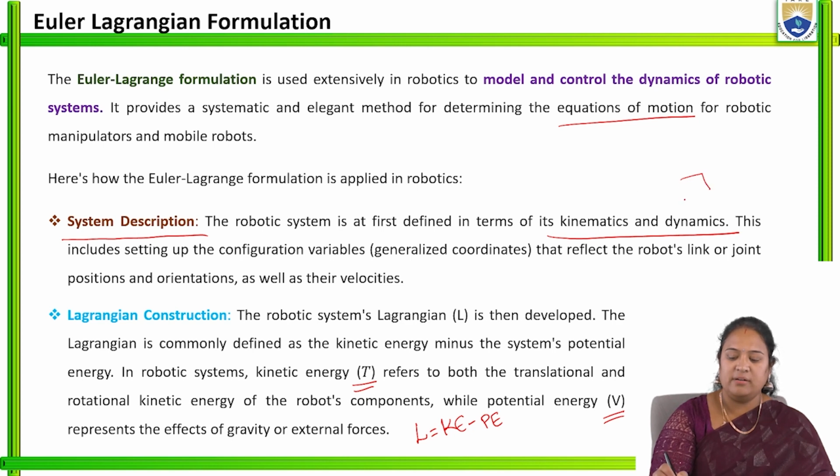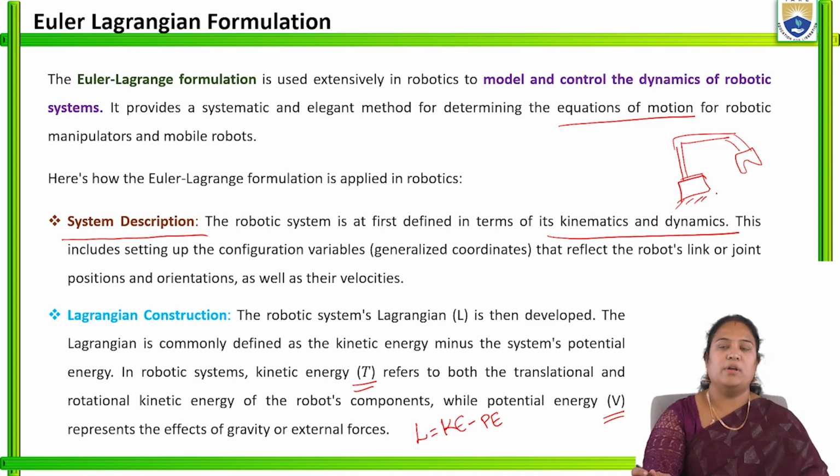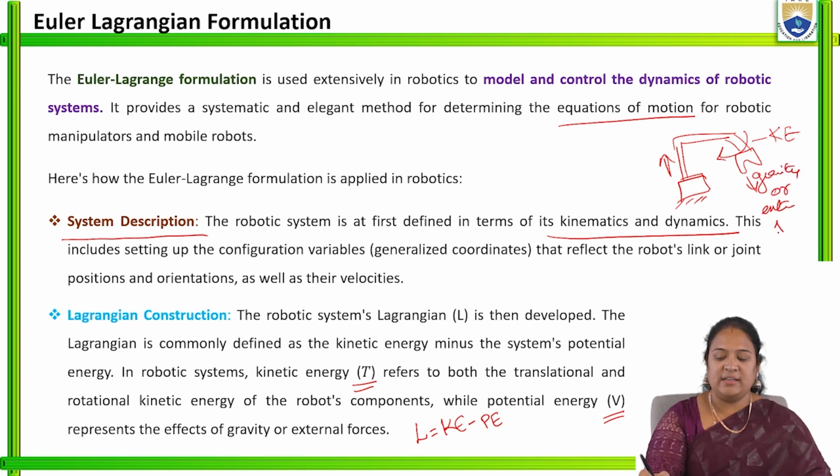For example, here we have a robot. This is the base of the robot. The translational as well as the rotational movement of the robot will be determined by the kinetic energy, whereas the gravity and external forces at the end effector will be determined by the potential energy.